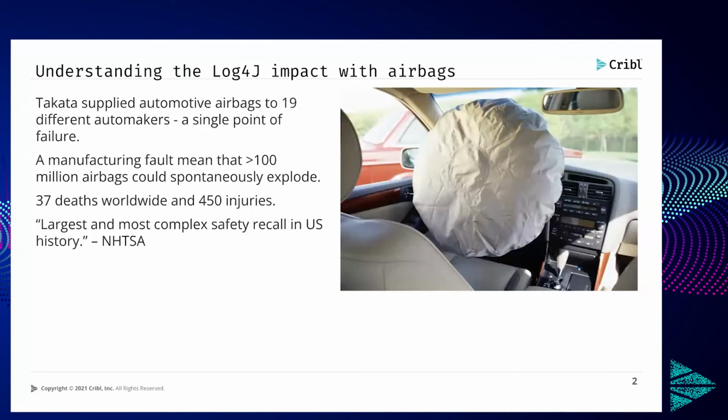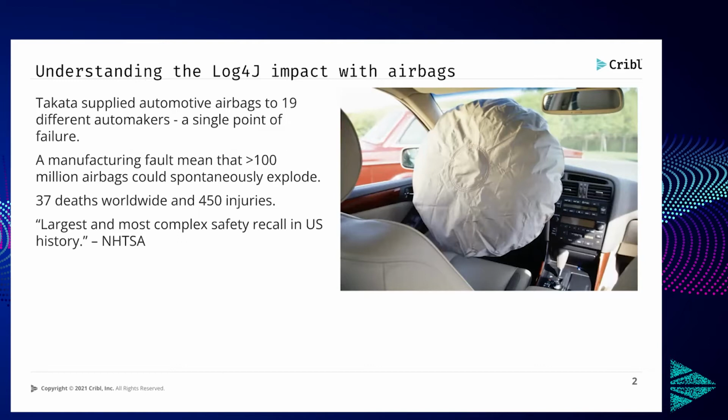The easiest way to think about this Log4j exploit is like any other kind of supply chain. In automotive, this is a great example with the Takata airbags. Something like an airbag is not unique to a given automaker. It is something that everybody uses, and it doesn't make any sense for each automaker to make their own or to have a number of suppliers.